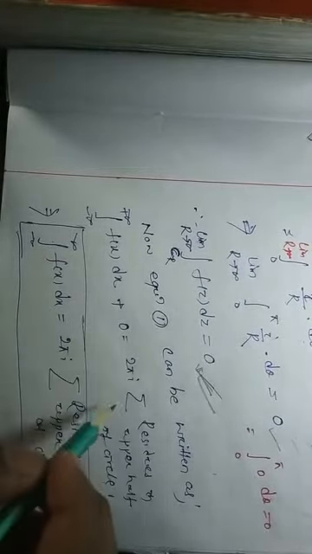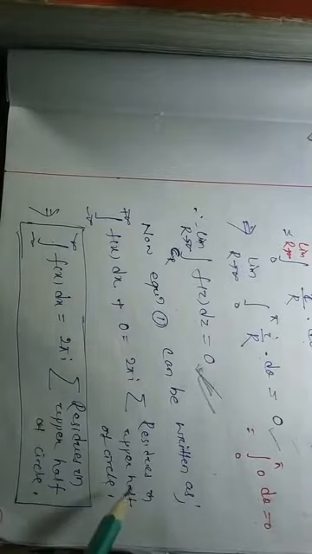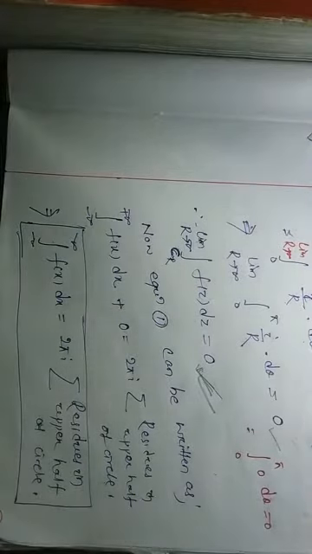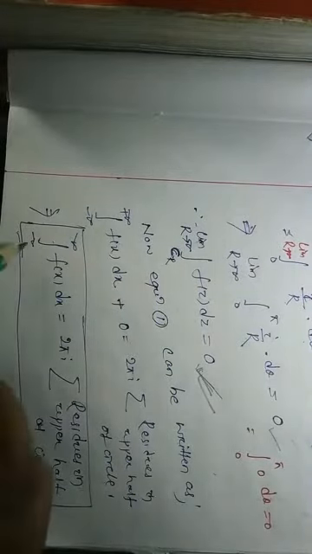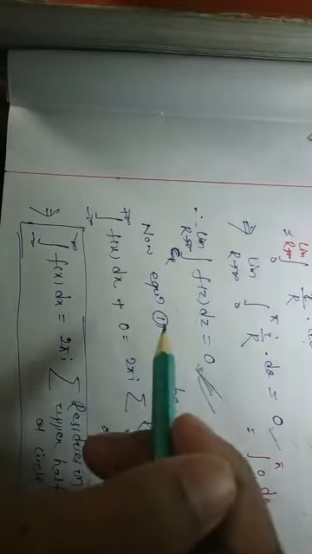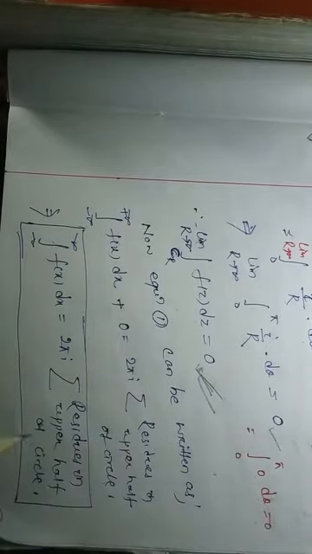It will be 2 pi i times the sum of the residues in the upper half of the circle. So that implies the integral from minus infinity to infinity of f(x) dx is equal to 2 pi i times the residues in the upper half of the circle.